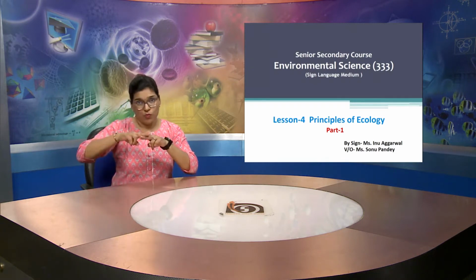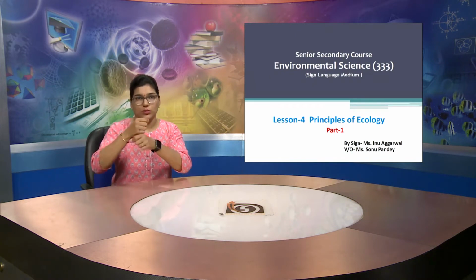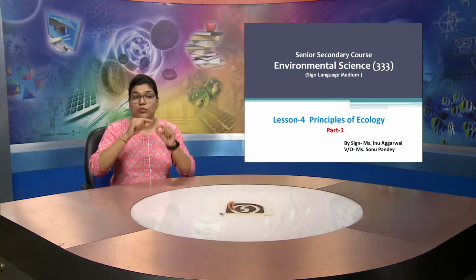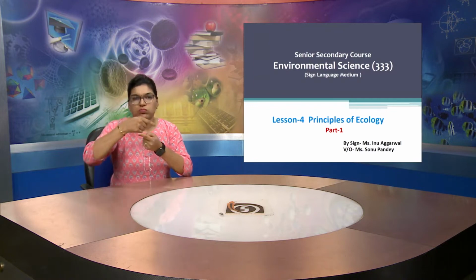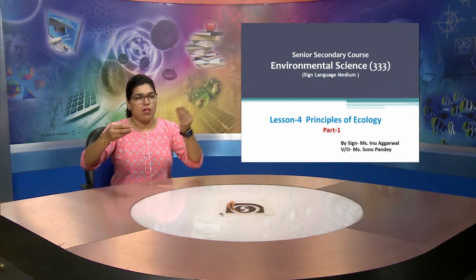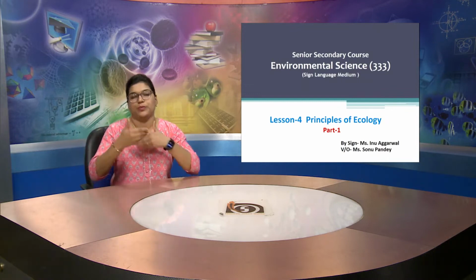Principles means different rules, and the word ecology is a kind of system in which different things are linked together in a different way. So today we will be learning this lesson.